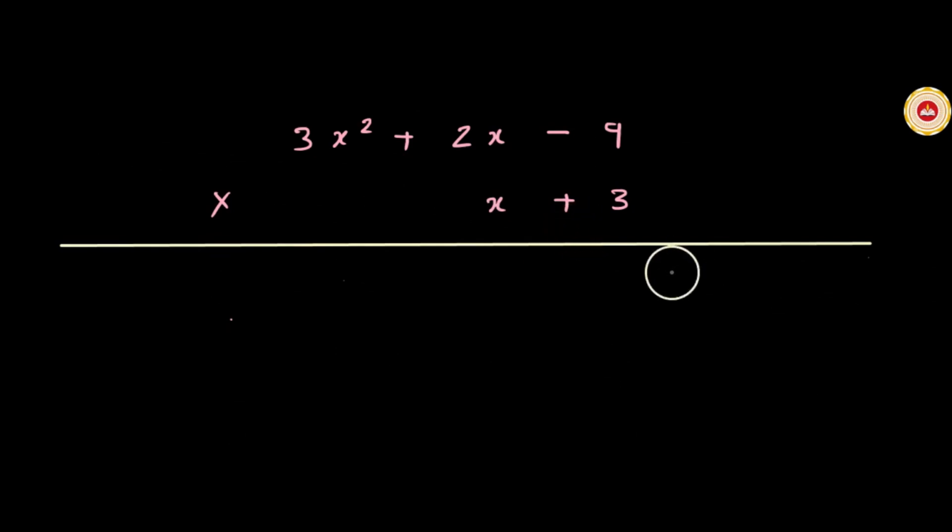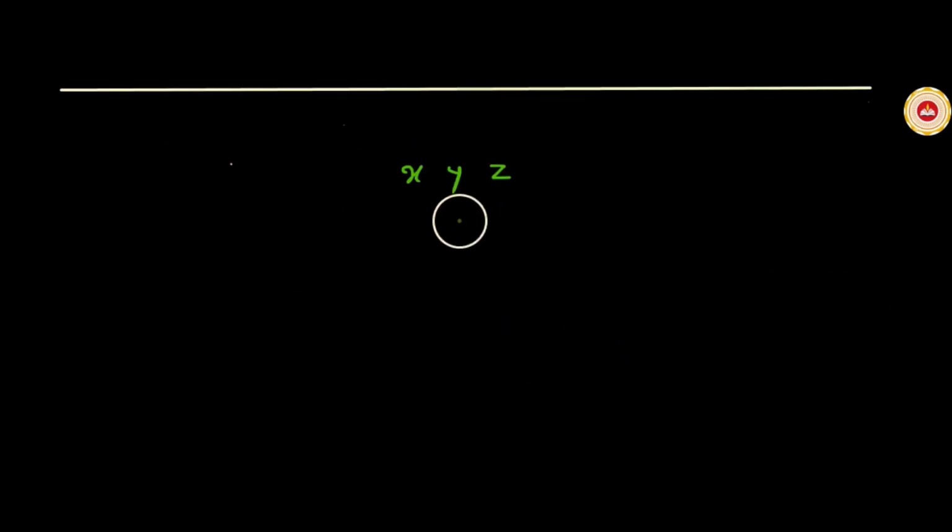So friends, how do we multiply two numbers having different numbers of digits? See, if x, y, z is the multiplicand and a and b is the multiplier.